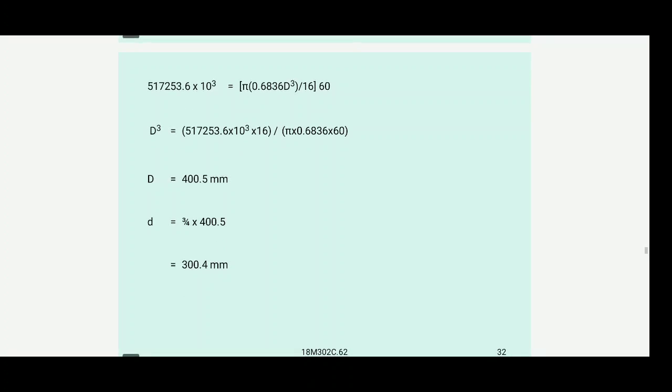So we can substitute the value, we can calculate capital D is equal to 400.5 mm, small d is equal to 3 by 4 into 400.5. So that is equal to d is equal to 300.4 mm.